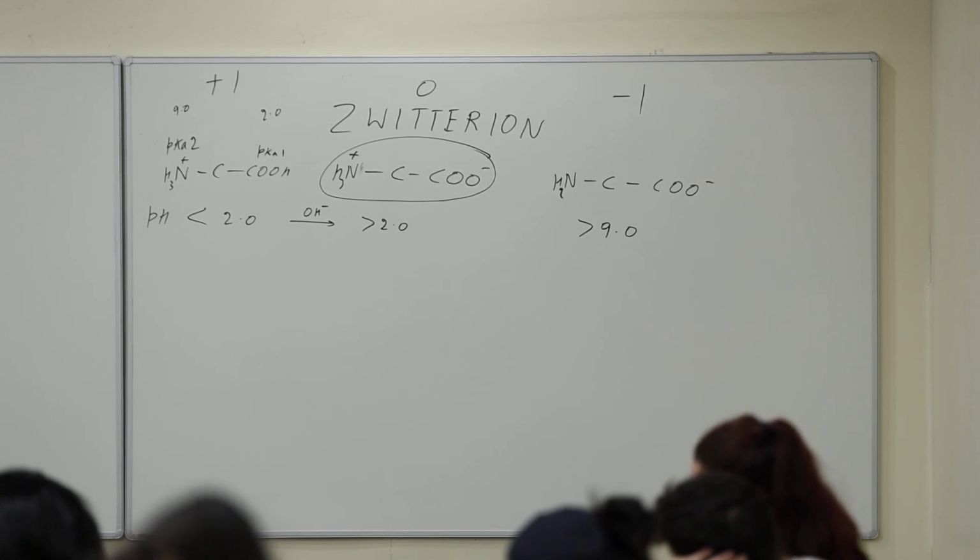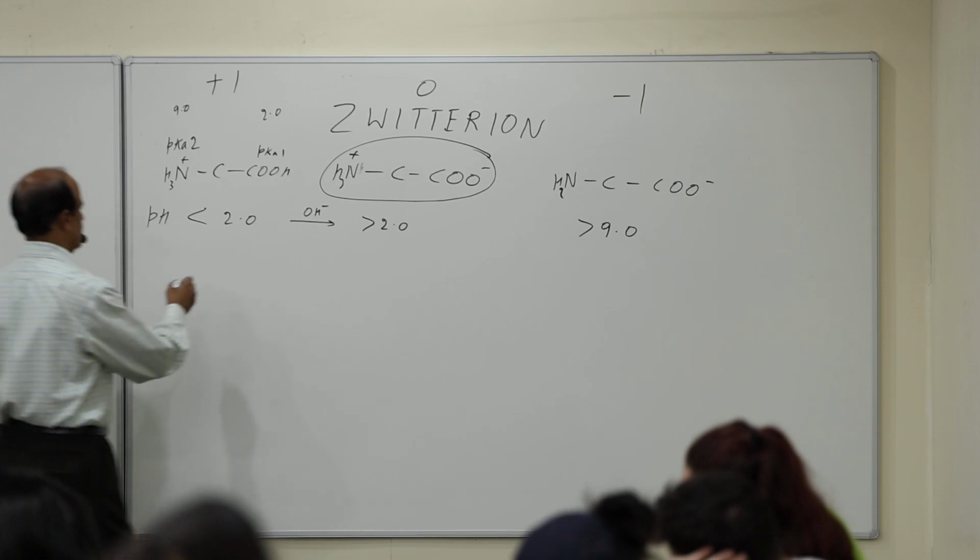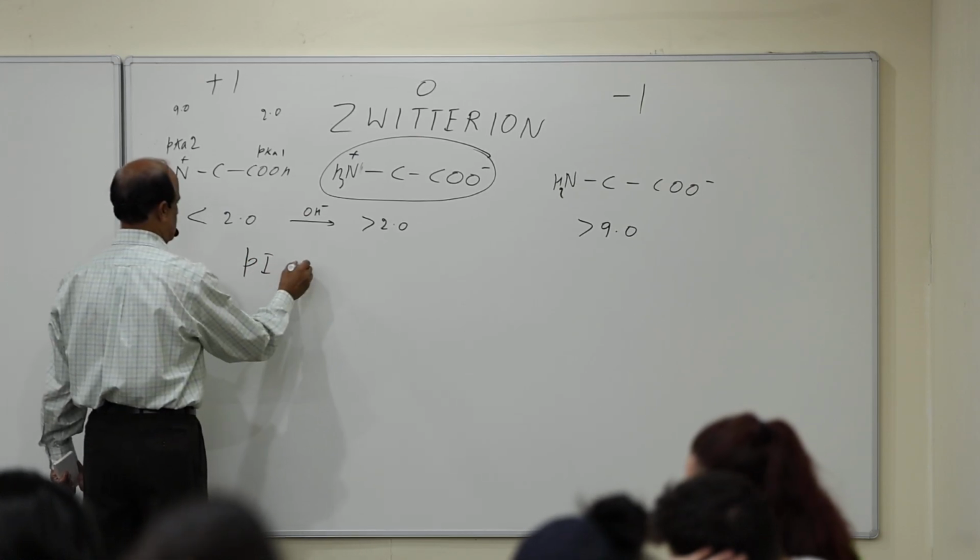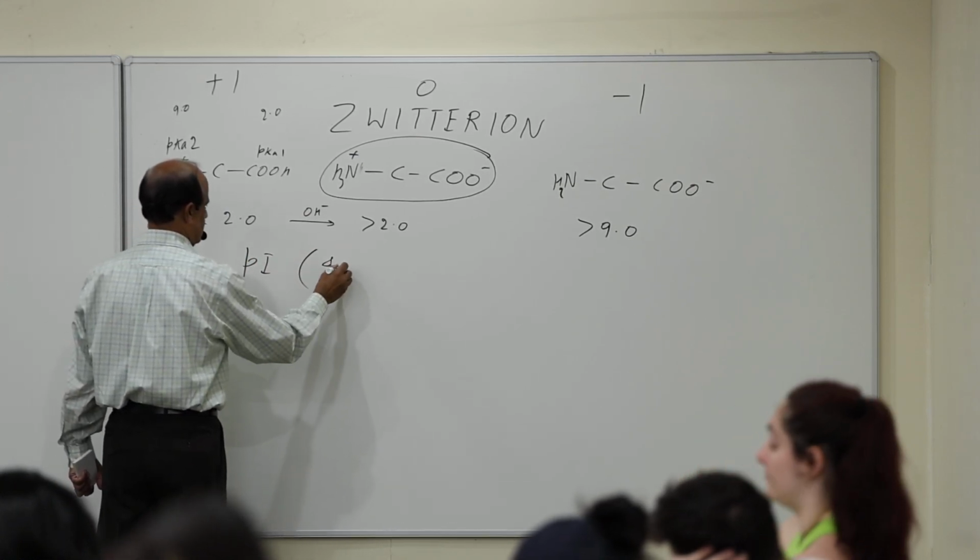And the pH at which that happens is called the PI, for isoelectric point.